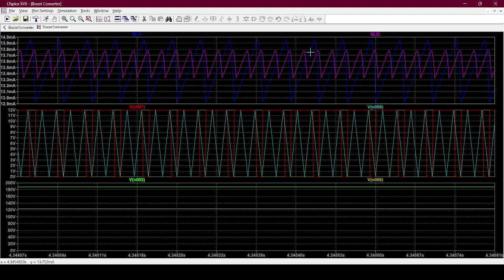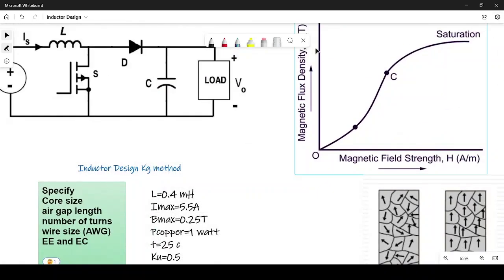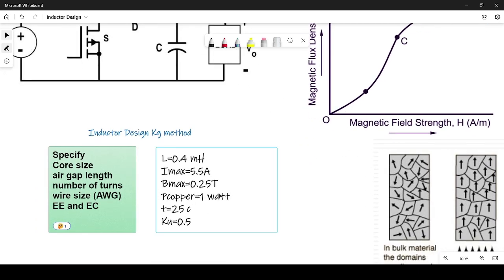We don't even know what is the type of the wave for various applications. We don't have any indication of the application we would use this inductor on. So we want to have B maximum, as we have seen here, to avoid saturation, to be 0.25 Tesla. We want our copper losses to be maximum 1 watt at a temperature of 25 degrees Celsius. 25 is the room temperature.